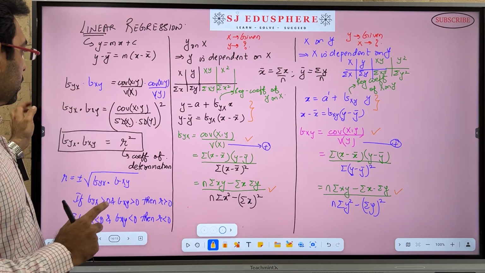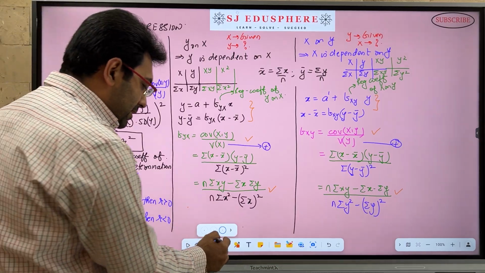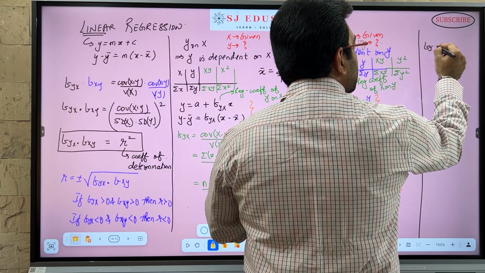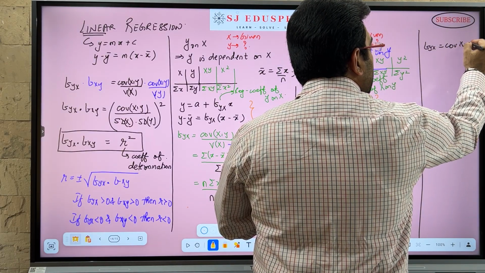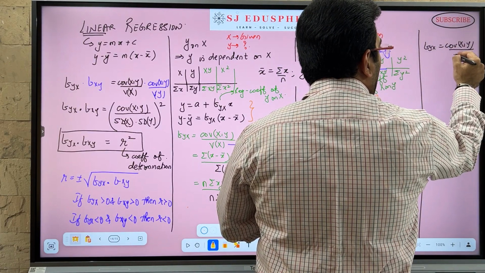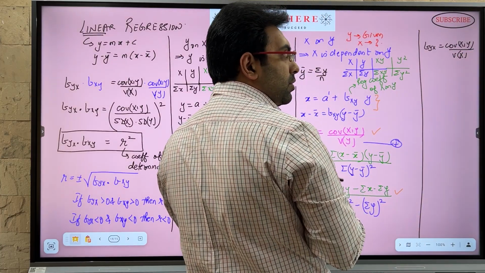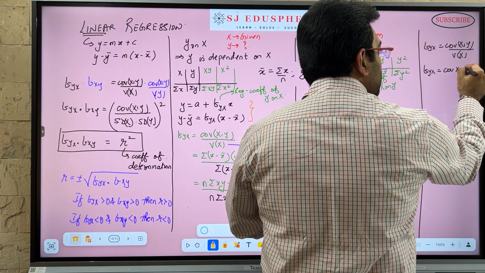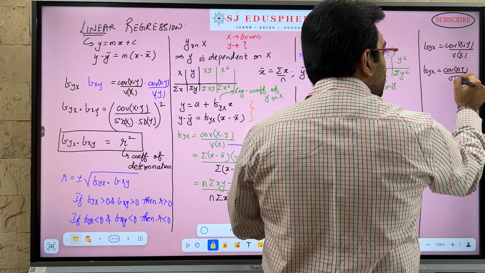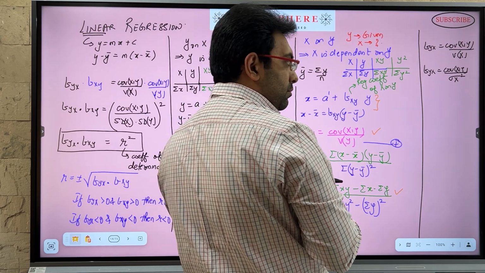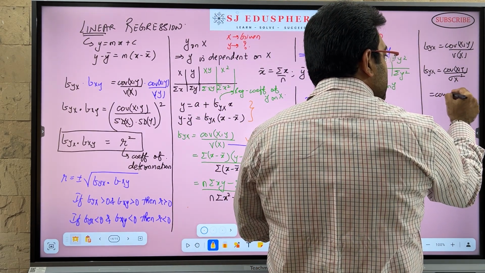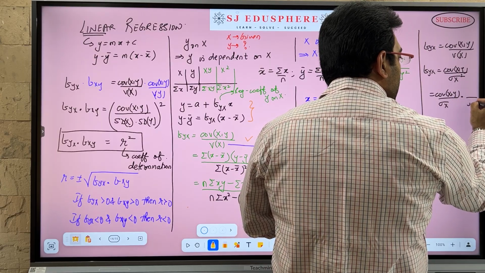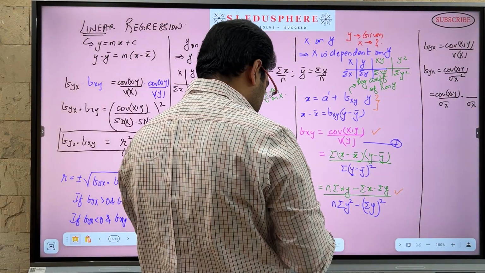Now look over here. I'm writing it over here. Have we said that byx is covariance xy on variance of x? Students, can I write byx as covariance xy upon sigma x square? Can that be written as one standard deviation x over here and one standard deviation x over here?